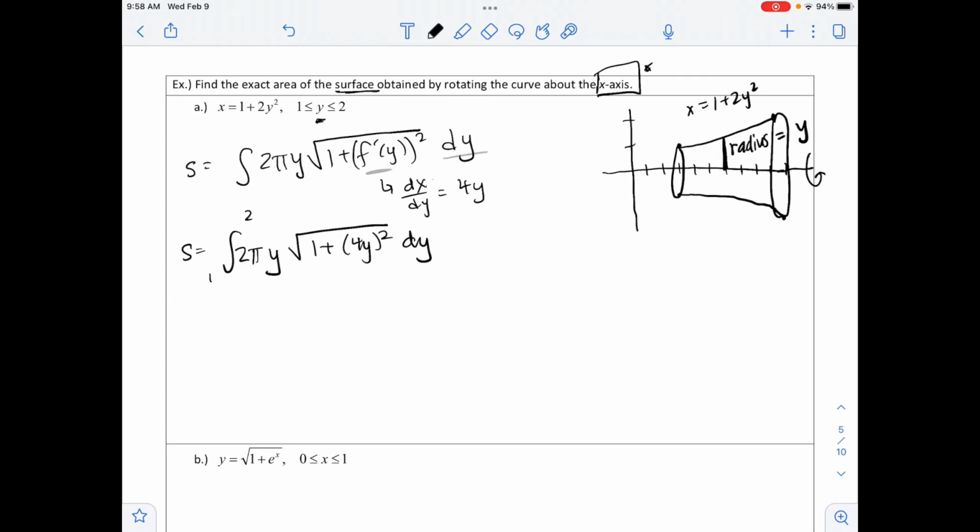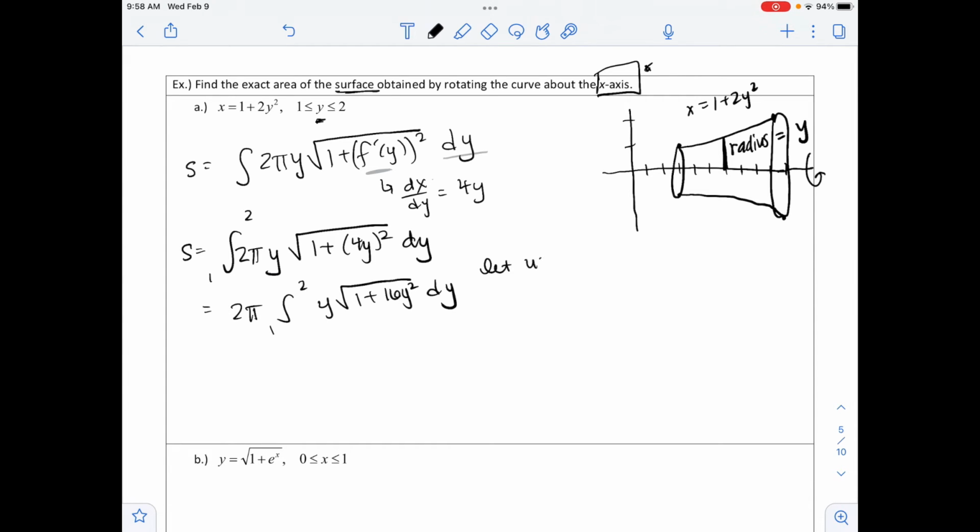From here, we can simplify this a little bit. The 2 pi you can pull out in front of your integral. So we say from 1 to 2 of y times the square root of 1 plus 16y squared dy. And we can't integrate it as it is right now, but we can use a u sub.